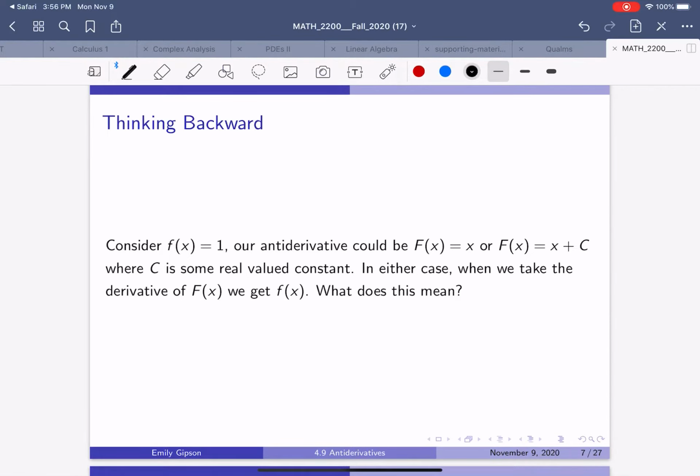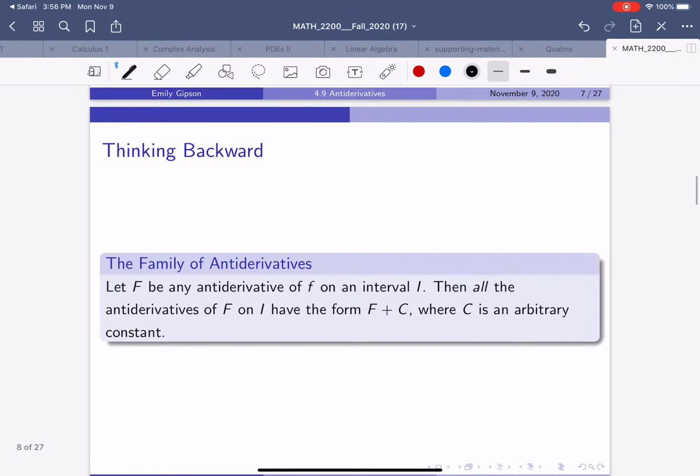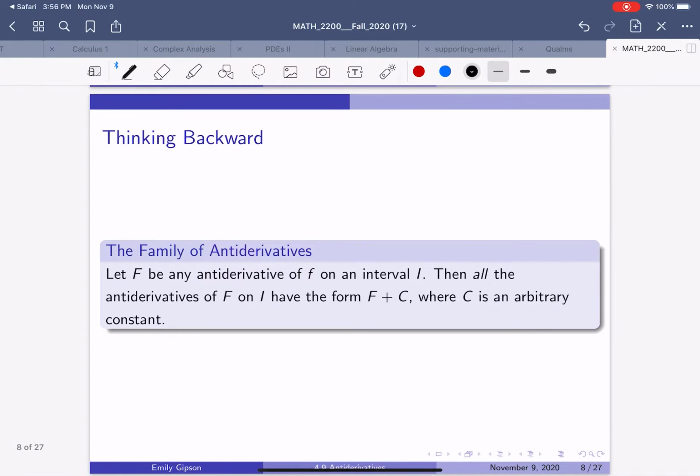So what does this mean? Let capital F be any antiderivative of lowercase f on an interval I. Then all the antiderivatives of f on I have the form capital F plus c, where c is an arbitrary constant.